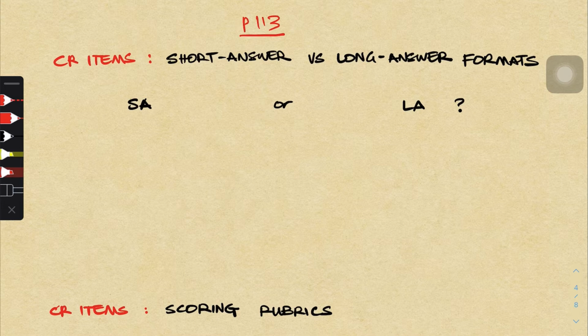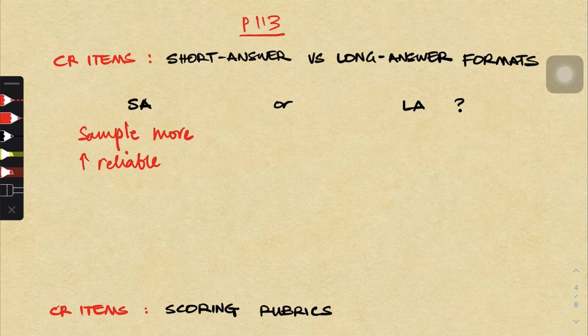Basically, as we have discussed previously, with short answers you sample more, and therefore if you want more reliable results, you would go for short answer questions because you can sample more.